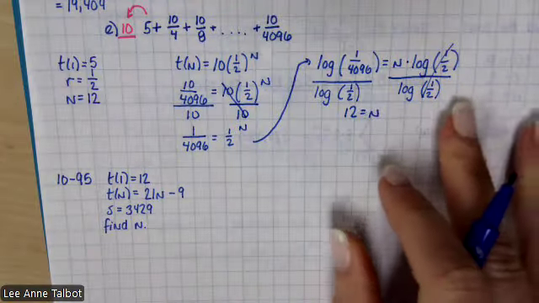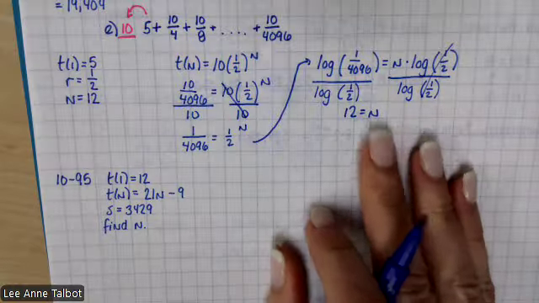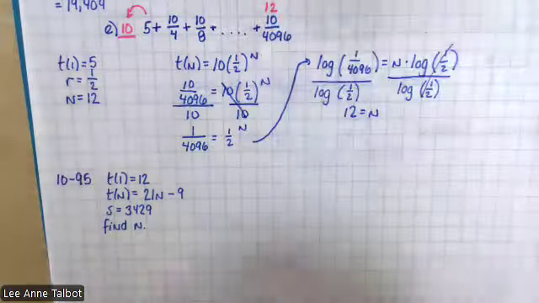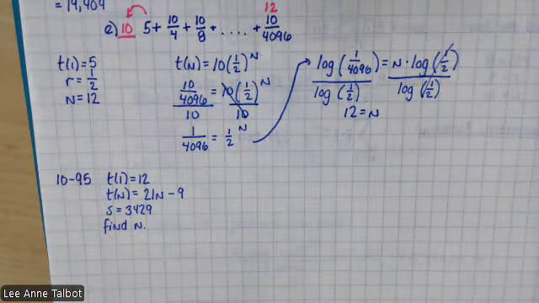It's kind of how you know you did it right, if you get a whole number positive answer, because it's a number of terms, so it has to be the spot that it's in.